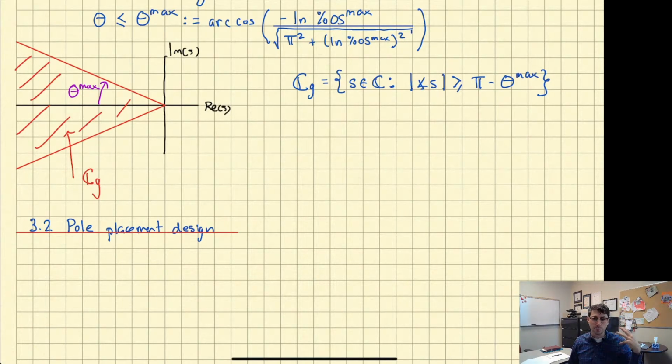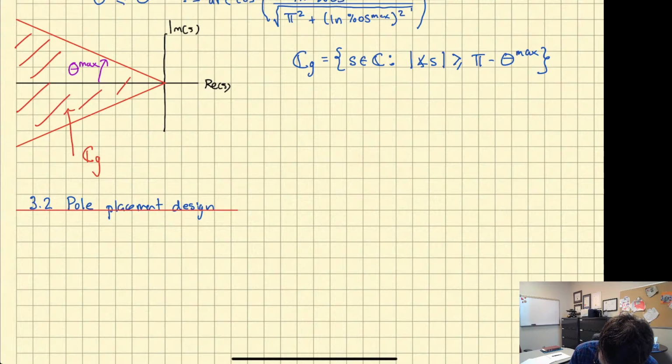You convert your specs into a desired region in the s-plane, and then we put our closed loop poles there. So the plant, in general, is going to look like the numerator of the plant over the denominator of the plant, and it's going to have order n.